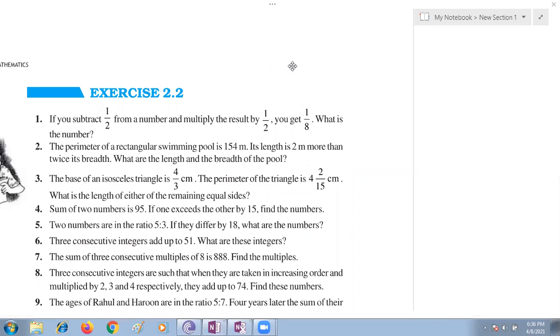What are the given statements you have to see in your application part? If you subtract half from a number, the first part is X minus 1 by 2.